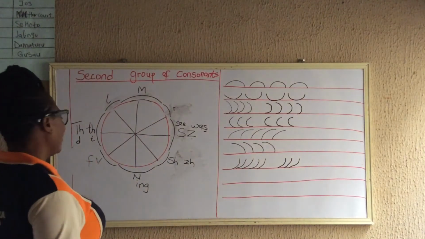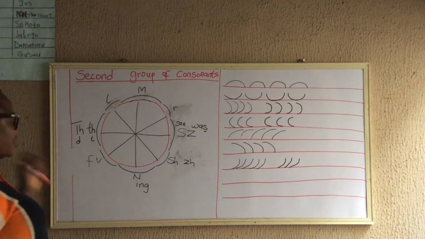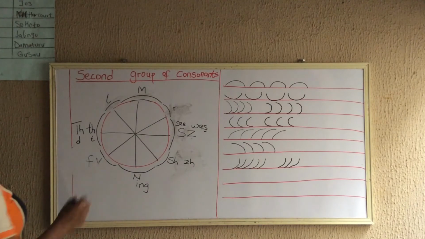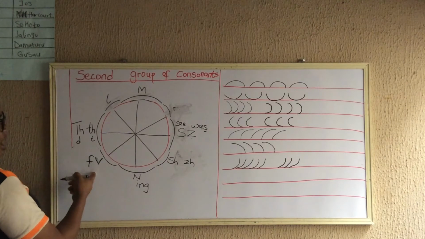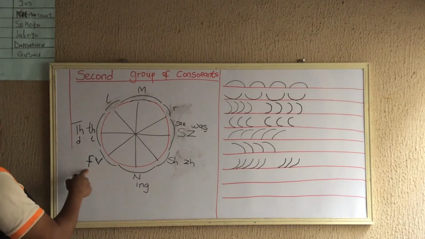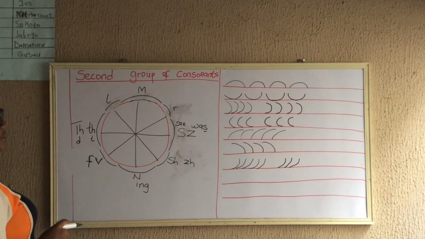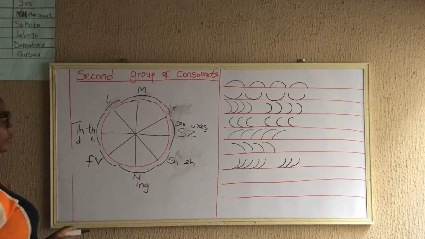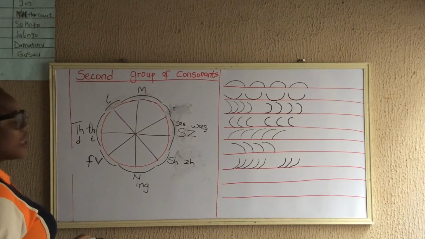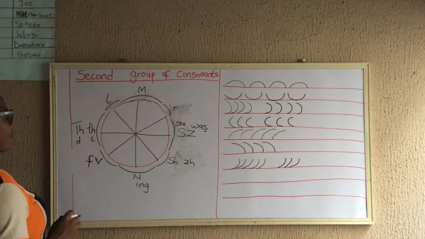Okay, then I move to F and V. My F is light curve, while the V is heavy curve.